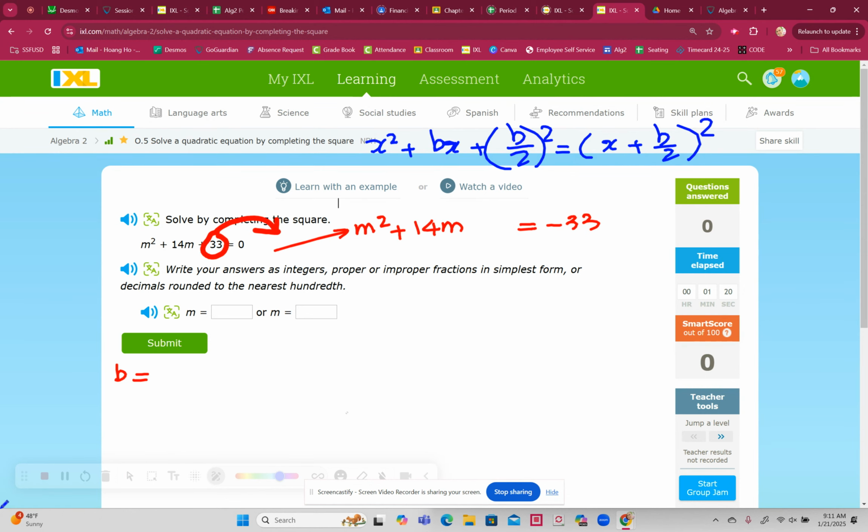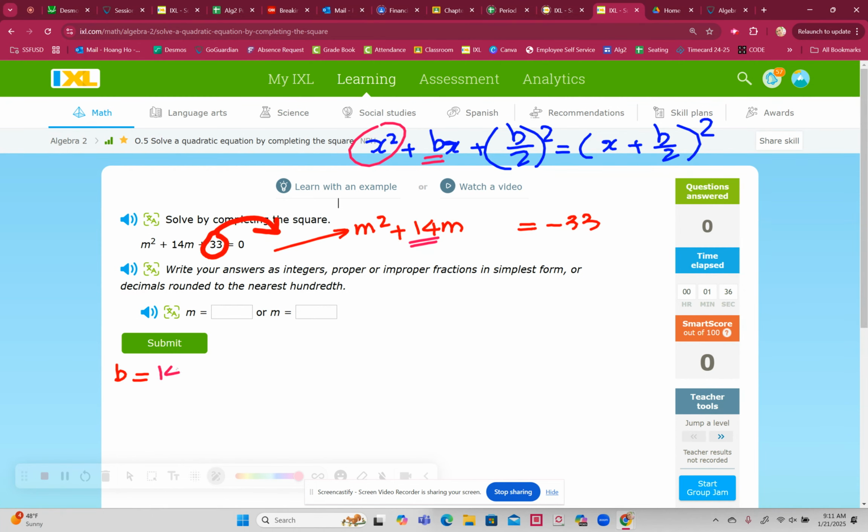Come on, the b value right in front of the variable. You see that? Not the x squared, only the number in front of the variable by itself. What's the number right here? 14. So that's the b.